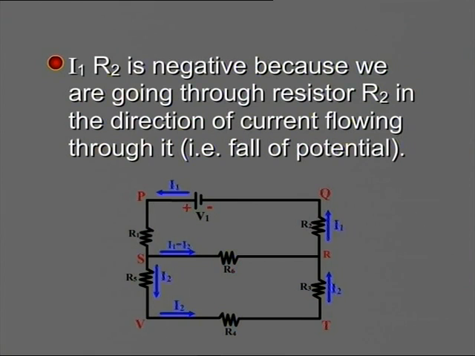I1 R2 is negative because we are going through resistor R2 in the direction of current flowing through it, that is fall of potential.